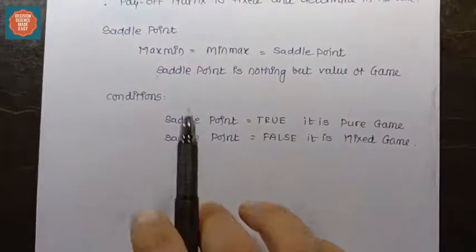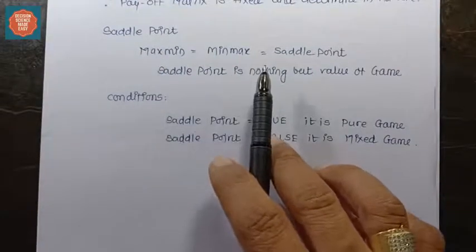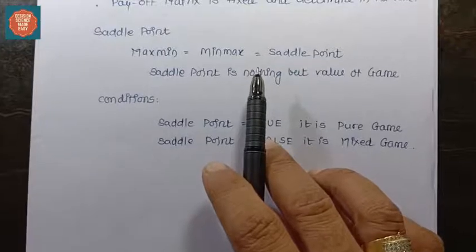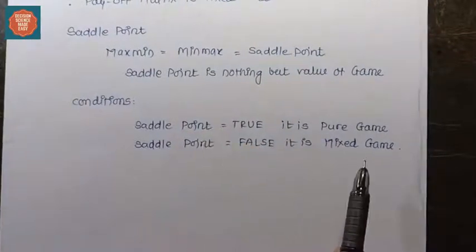As we know, the rule for saddle point is when the maximin is equal to minimax, it is called a saddle point. But when there is no such point existing, we call this a mixed game.